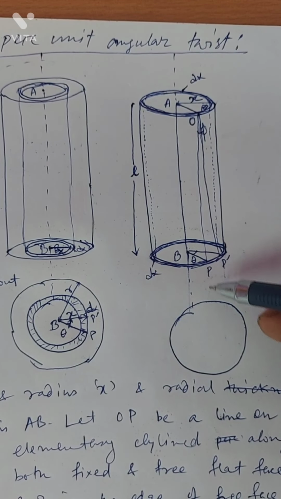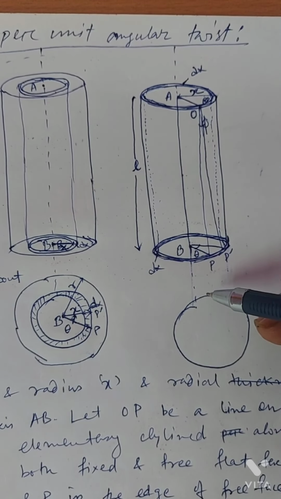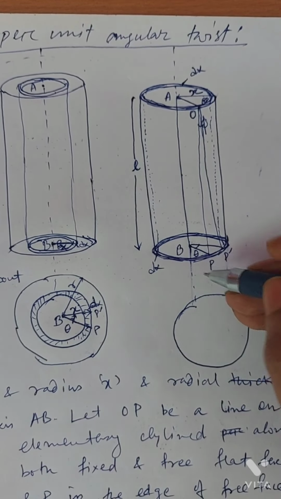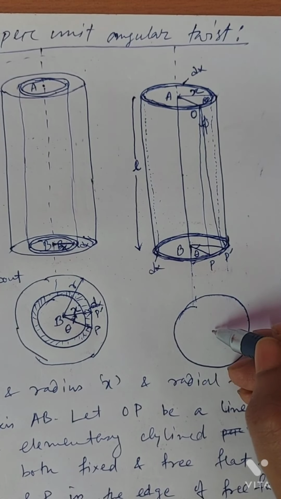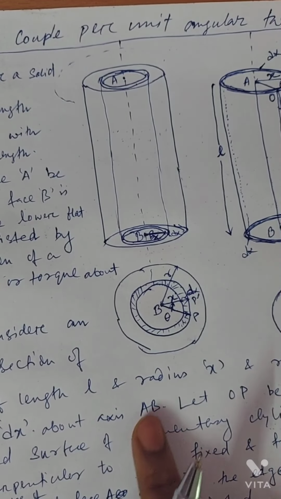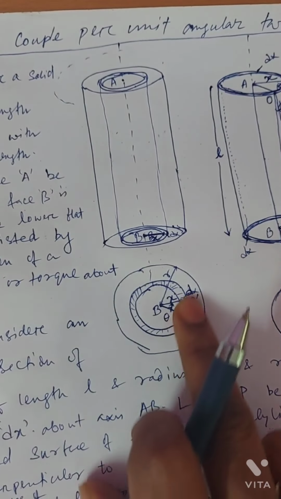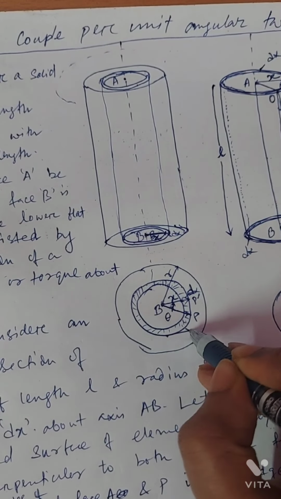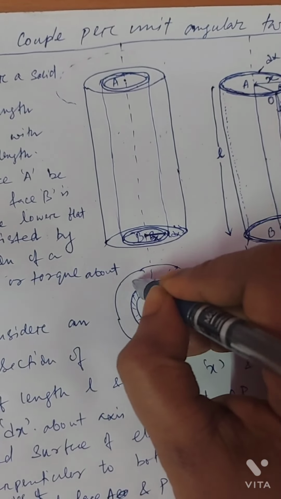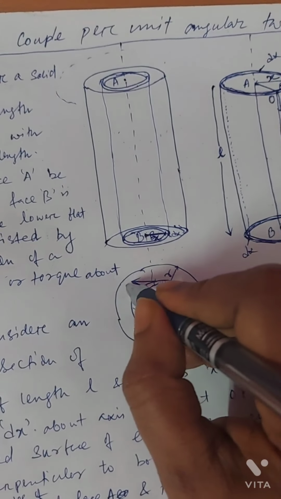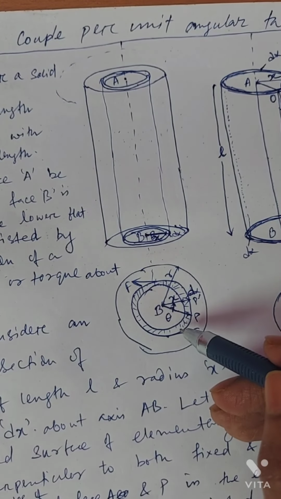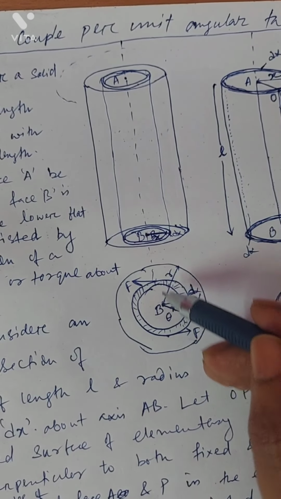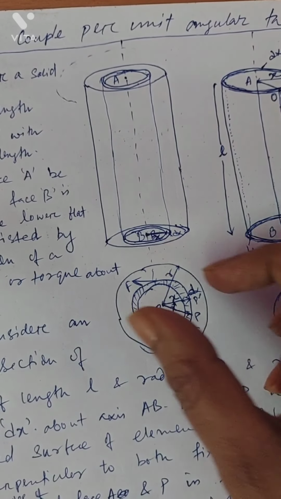Now if we apply a twisting couple, that is a torque, a tangential force F here, and a similar force F on the other side, then these two forces will form a couple and twist the cylinder.